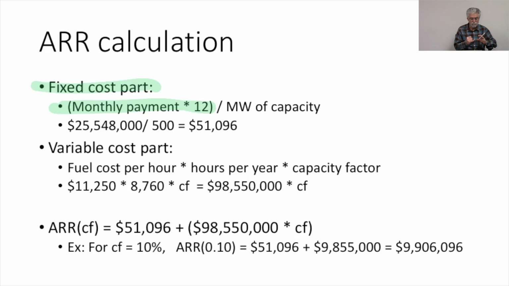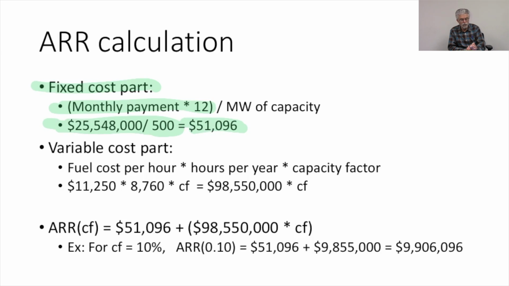$2,129,000 per month multiplied by 12 is $25,548,000. We divide that by the 500 megawatt capacity of the plant.